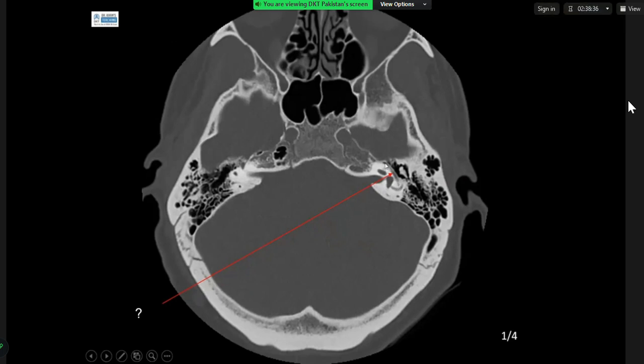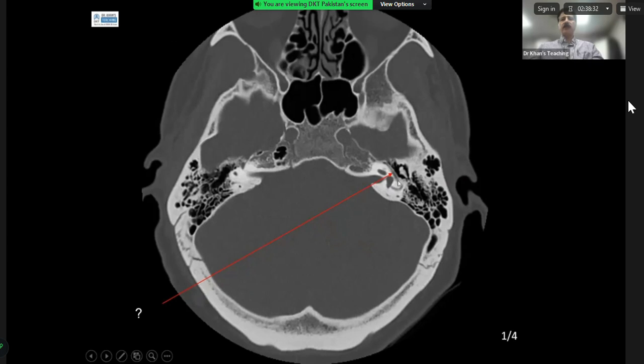If you see this, you are absolutely right that this is the facial nerve canal, but the facial nerve has various parts around the temporal bone or around the middle ear cavity. My idea of learning temporal bone is around the facial nerve. If you know your facial nerve, around that knowledge you build your concepts.